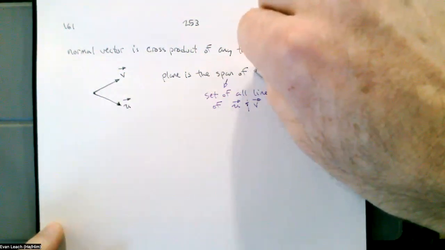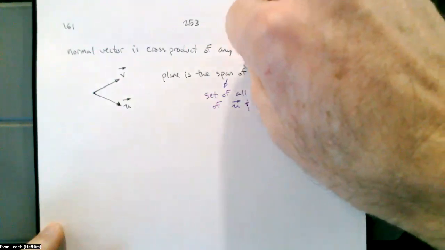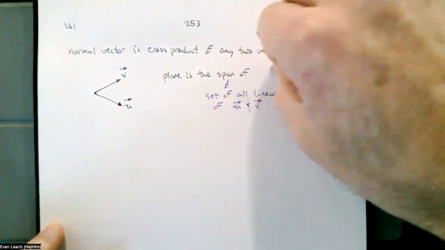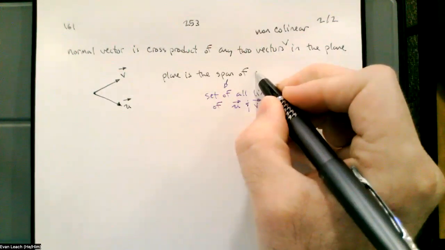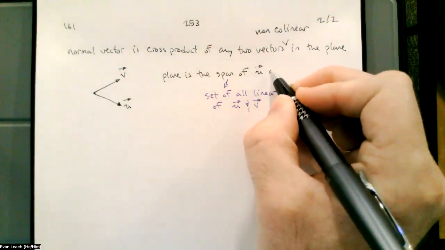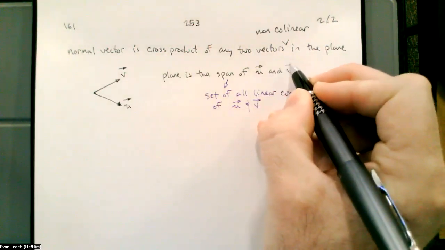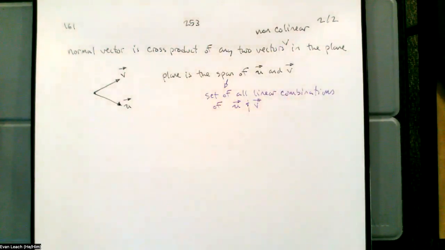So the set of the two vectors, u and v, describes a plane.